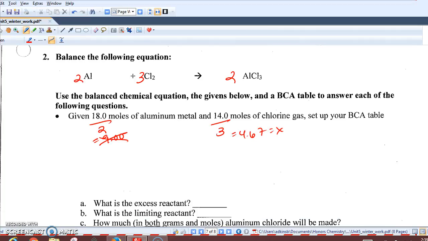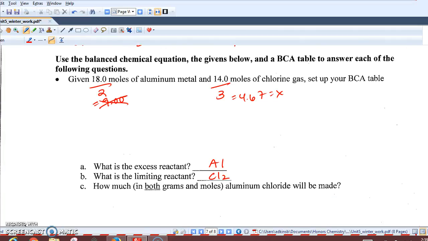So what is our excess reactant? That's going to be our aluminum. For our limiting reactant, that's our Cl2. How much in both grams and moles of aluminum chloride will be made? Up here in your BCA table, you got 9.3 moles of AlCl3 using the molar mass of 133.5 grams in a mole.